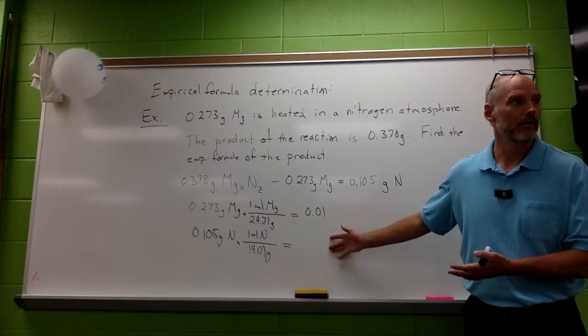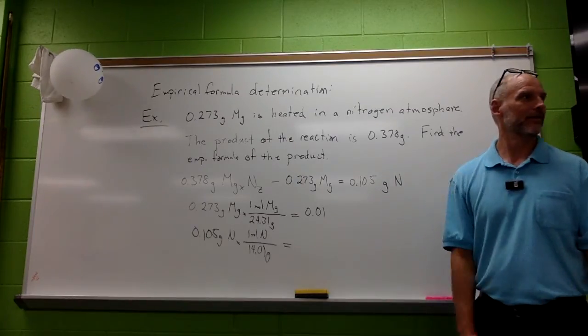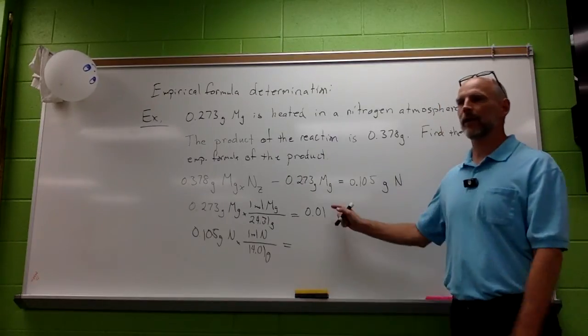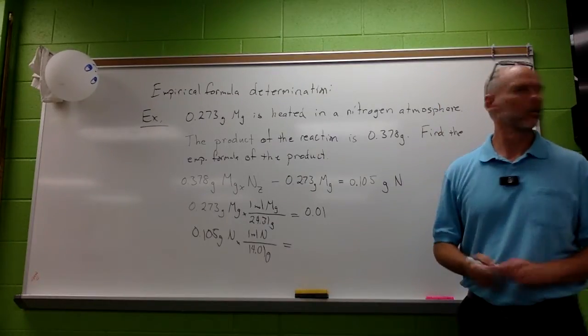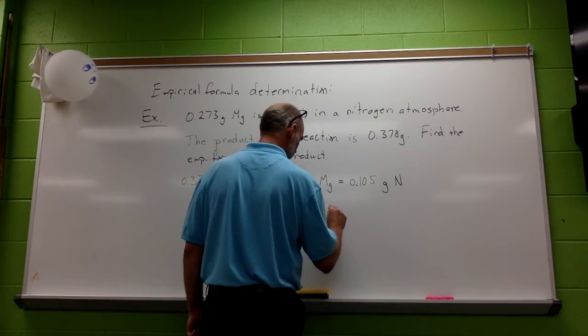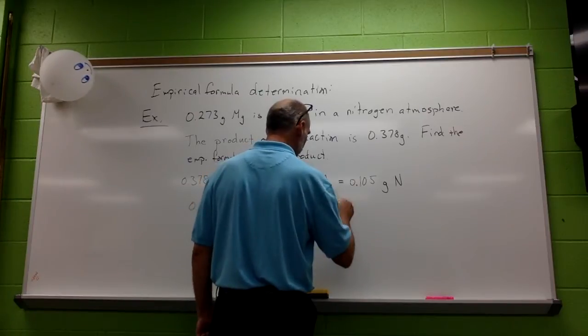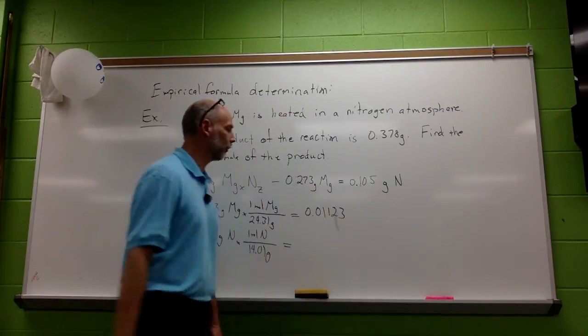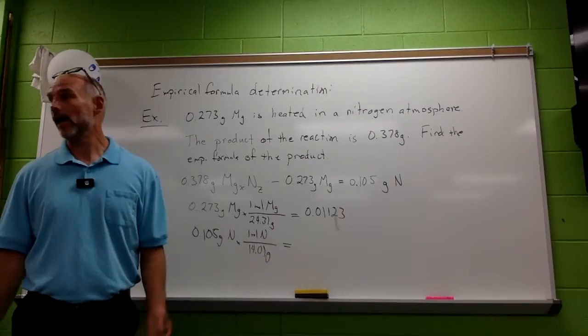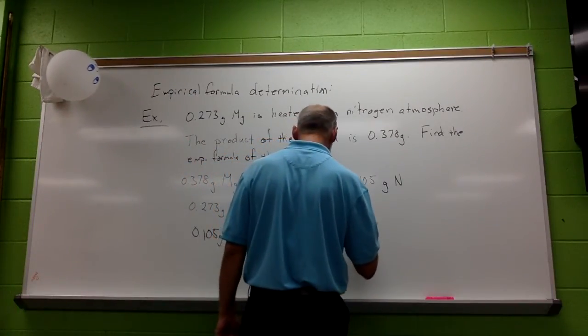You see where I'm going with that? With doing empirical and molecular formula calculations, the more you have to carry along, the better off. You guys have a tendency to round off too early on these sometimes.